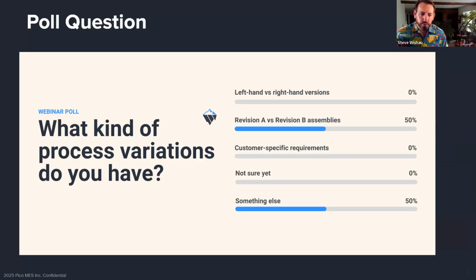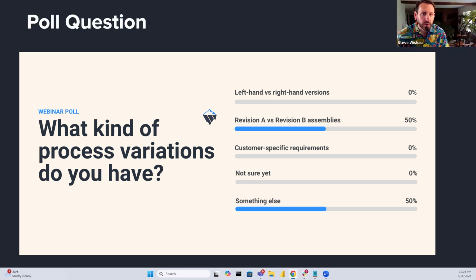So this will bring us to our first poll question, talking about how we want to manage our process variations. This is an example of what sort of process variations and different types of structure do you have as part of your process. When we have our left-hand versus right-hand versions, similarly our revision A versus revision B assemblies, are we tracking those either mirrored or very similar changes?